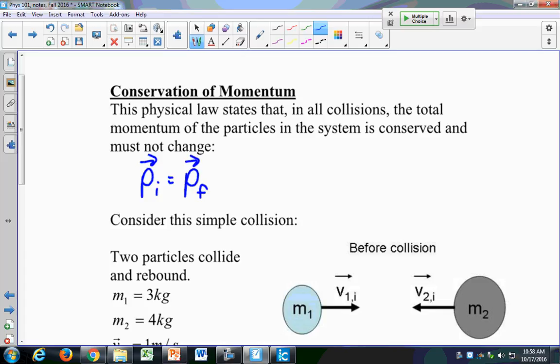And in fact, in the OpenStax reading, which you'll have up this afternoon, they'll write it as P is equal to P prime. That's all they mean, is just that the momentum at one point is equal to the momentum at another point. I'm going to write it in this way, but they use a prime in your reading. I'm going to use the initial and final.